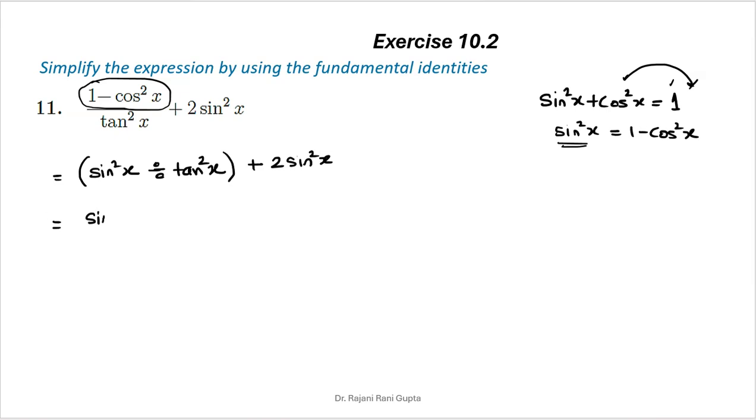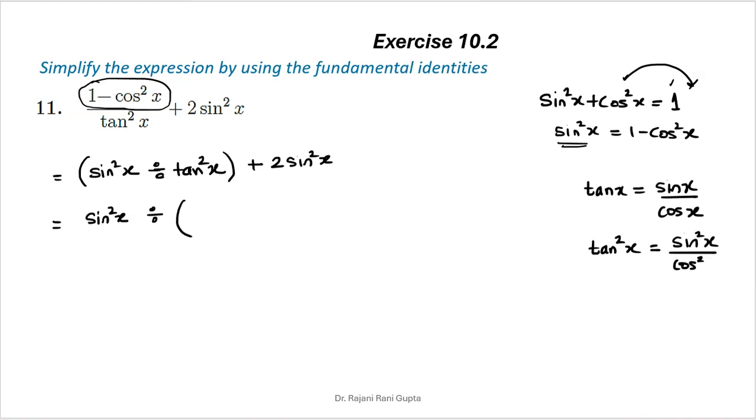So this gives you sine square x divided by tan square x. Tan is what? You know that tan of x is sine of x over cos of x. So if I am taking the square, it will become the square of both sine as well as cos.